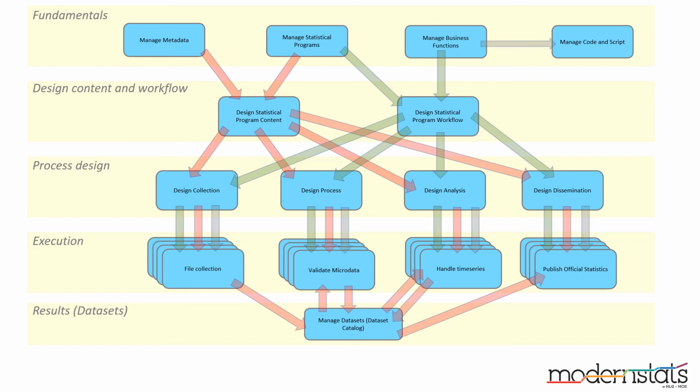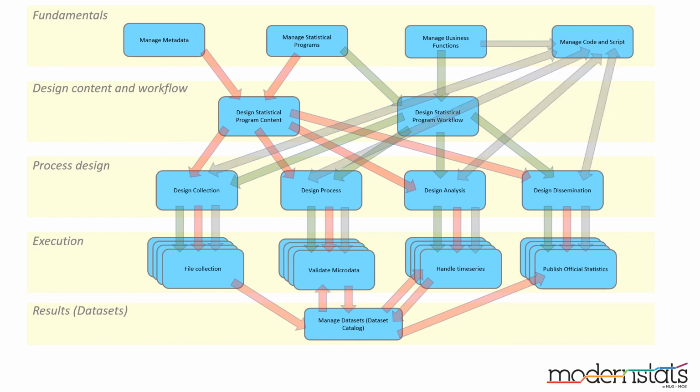I haven't talked about it yet, but the managed business functions up there have a relationship with the managed code and script, and we also supply code and script to our design capabilities. This is also important in the national account system, that we know how the design looked in detail when we executed it.